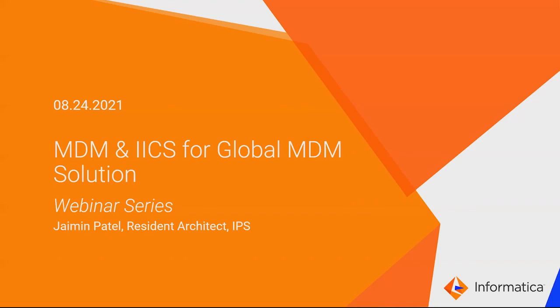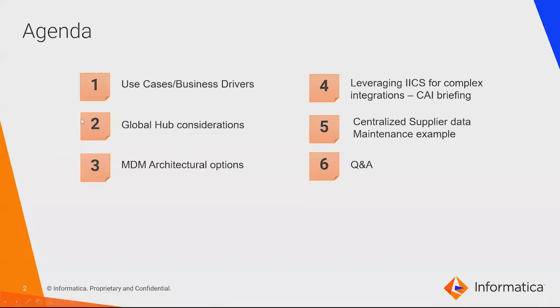So now let's look at the agenda. Here's a brief agenda on what we plan to cover for today's webinar. We'll first review challenges faced by a global company in managing master data. We'll then go over considerations for implementing a global hub. Now there are various patterns to implement a global hub, so we'll talk about different architecture options available.